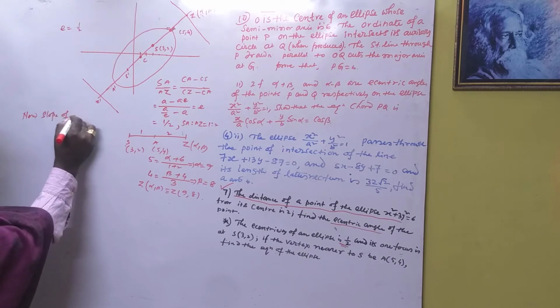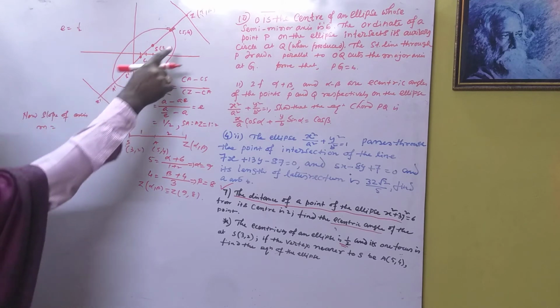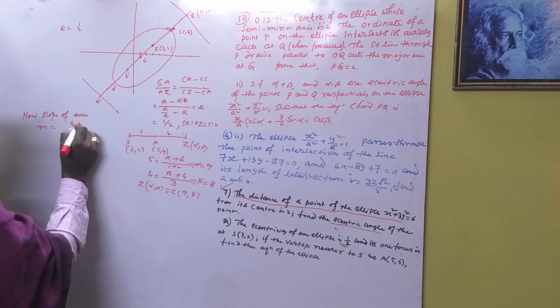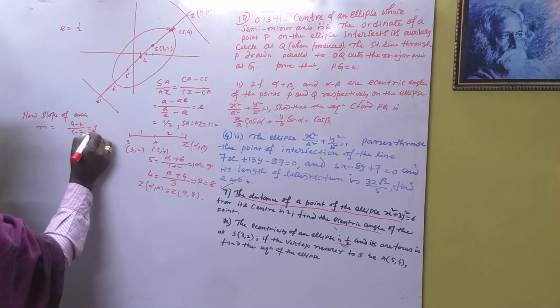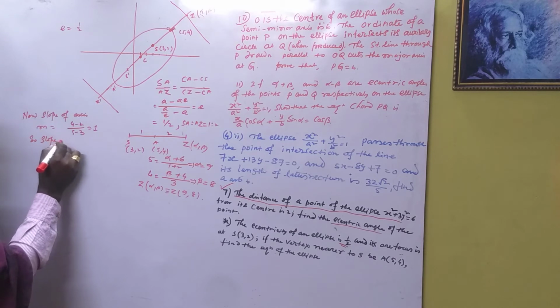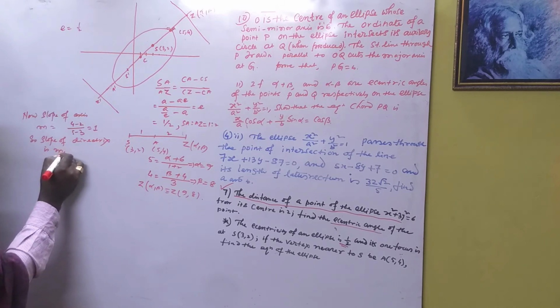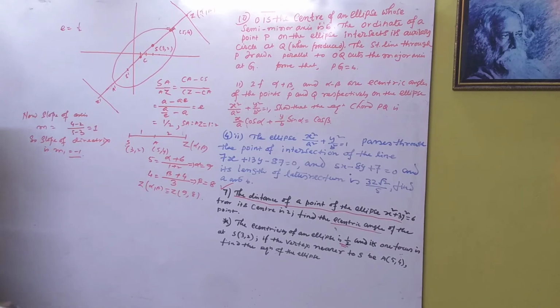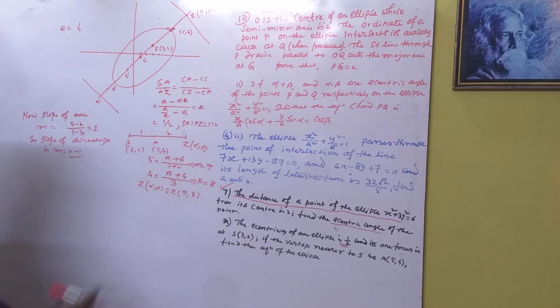So now the slope of the axis, m, is equal to (y2 minus y1) by (x2 minus x1), that is (4 minus 2) by (5 minus 3), this is 1. So the slope of the directrix is m1 equal to minus 1. First of all we have to find the equation of the directrix, that's why we found the value of Z, and the slope of the directrix is minus 1.